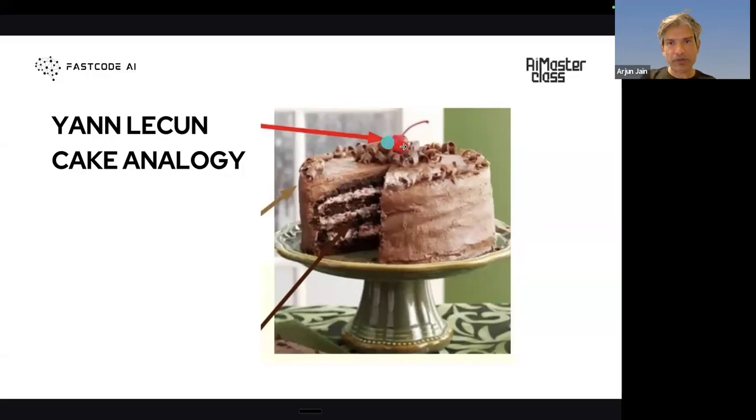And the cherry is essentially the RL, because the signals are so sparse. So it's a cherry on the cake. I think it's a good worldview of how much signal is present in each of these layers: unsupervised or self-supervised learning, the supervised learning, which is the icing, and the cherry, which is reinforcement learning.